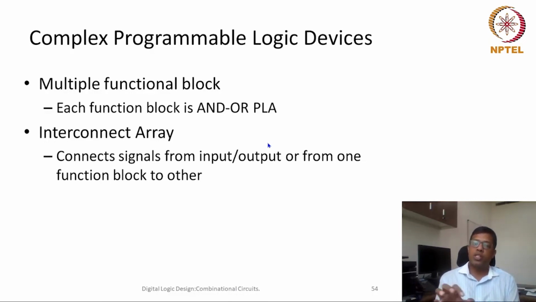Each of these function blocks is actually a PLA, and there is an interconnection array. Because of this interconnection array, the output from one function block can also be given as an input to another function block. Using this, you are effectively able to create multiple-level logic, or a logic where the output depends not only on the inputs but also on the processed inputs.